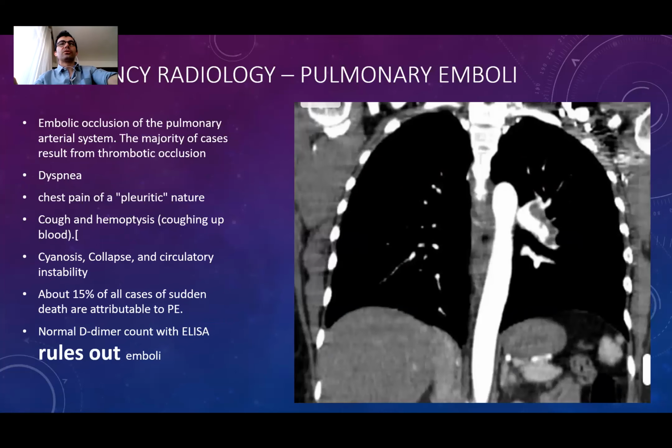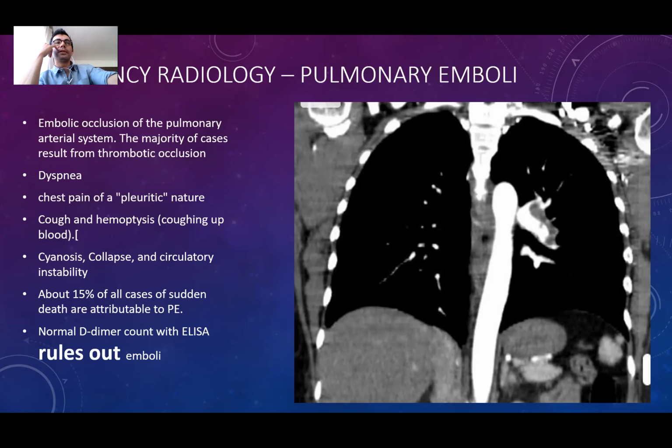Basically, pulmonary emboli is the embolic occlusion of the pulmonary arterial system. The majority of cases result from thrombus from other veins of the body. When these thrombi mobilize, they go all the way to the pulmonary arteries and occlude there, right?